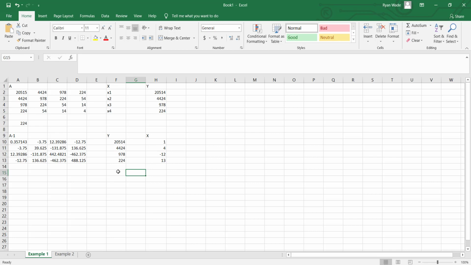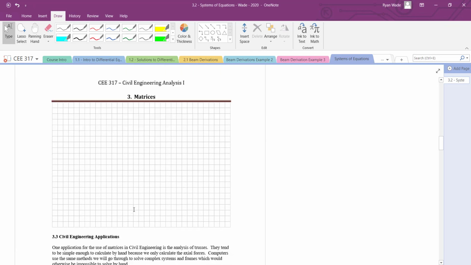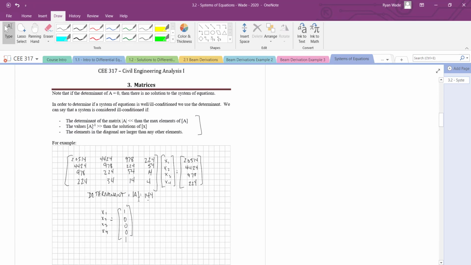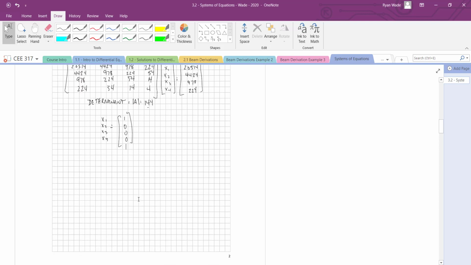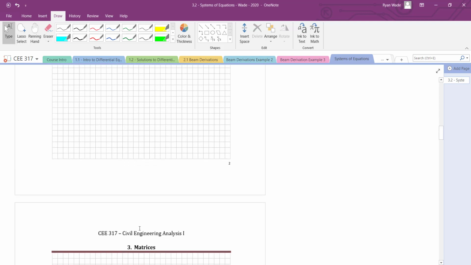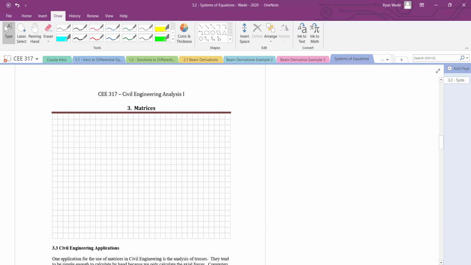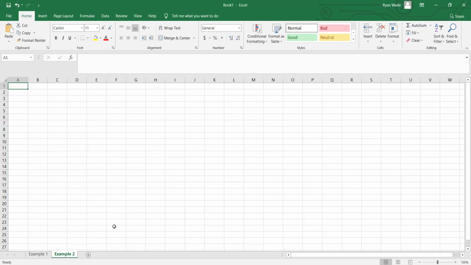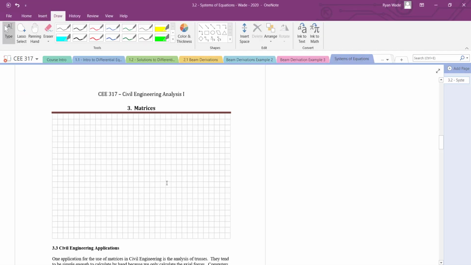So anytime we have a truncation error, anytime we have a rounding error, anything like that, we're going to have a very large difference in the solution. So that's not a good way to set it up. So that's pretty much all I wanted to go through for the idea of well-conditioned or ill-conditioned matrices.